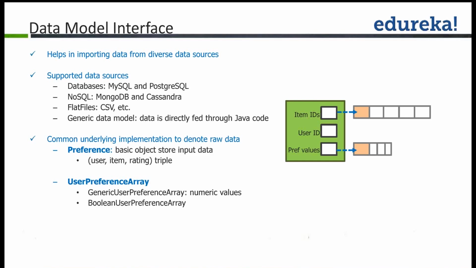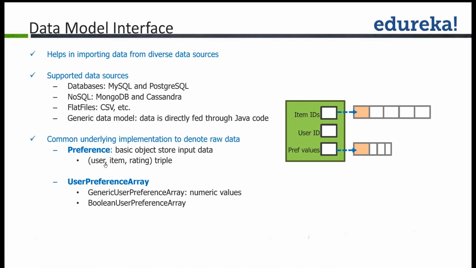And internally, all your data is represented in this format. It's essentially triplets of preferences. Each triplet contains three components: user, item, and the rating. As simple as that, right?